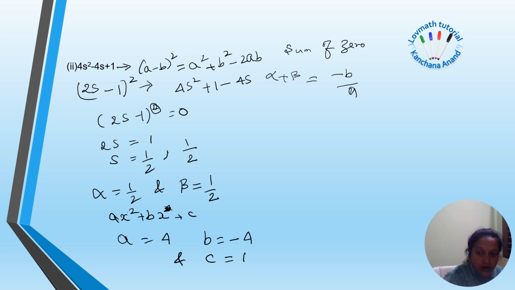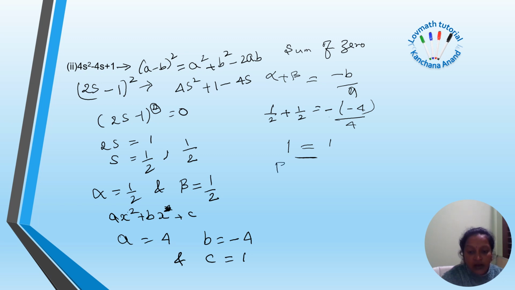Therefore alpha plus beta is equal to 1 by 2 plus 1 by 2, which is equal to minus of minus 4 divided by 4. Half plus half is equal to 1. Here 4 by 4, minus and minus is plus, and 4 by 4 becomes 1. So this is the sum of zeros.